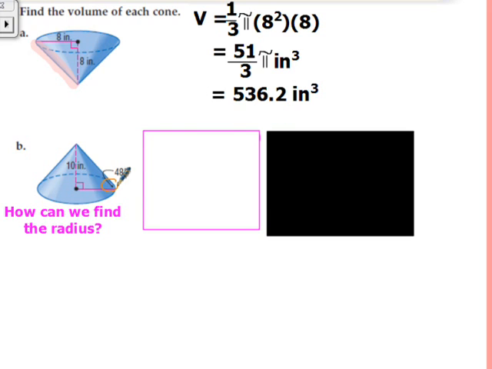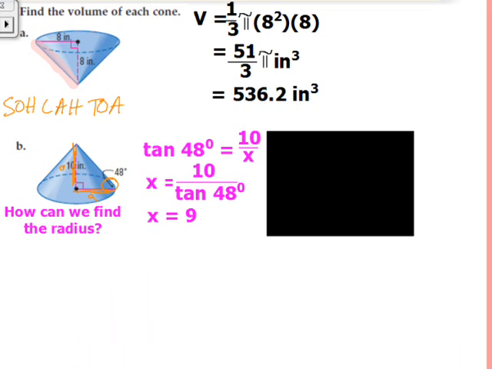We have an angle right here. We have the height, and we need this missing side. So if we go back to our trig days when we memorized this, SOHCAHTOA, I have the opposite. I'm looking for the adjacent, so I'm going to use tan as a color, and we're going to use tangent. Okay, so the tangent of 48 equals 10 over x.